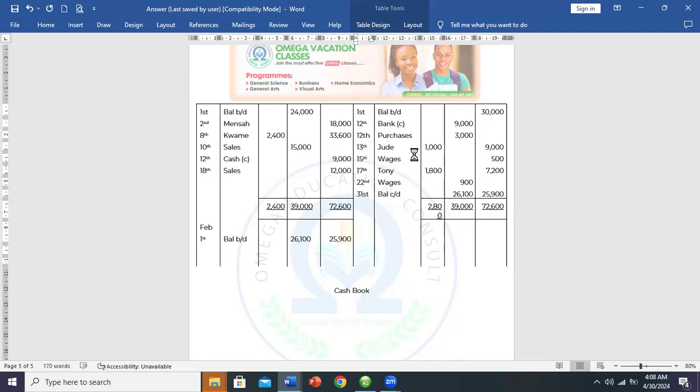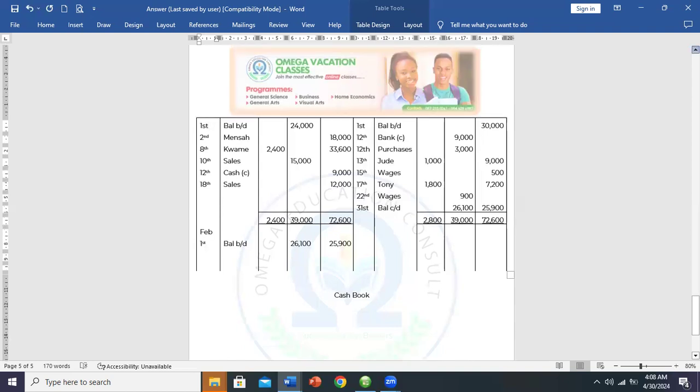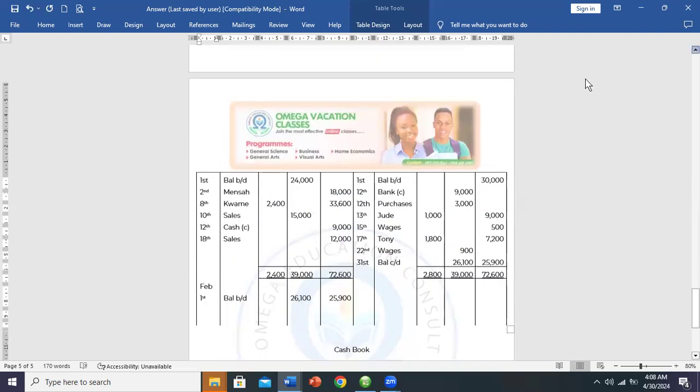Let's check for the individual entries and which ledgers they'll go to. Let me shift it down a bit so we can have the full guide.